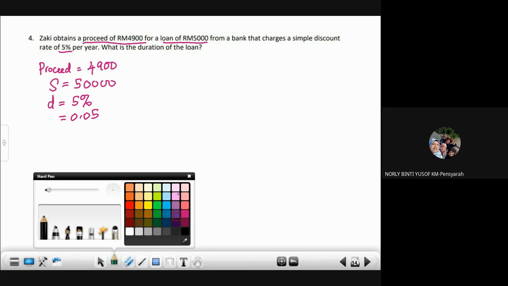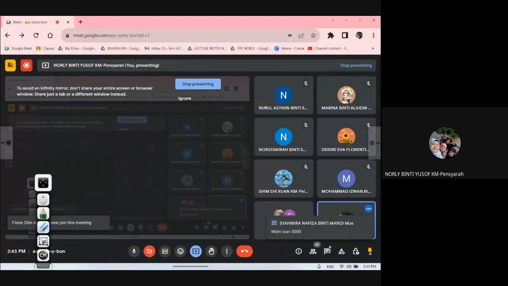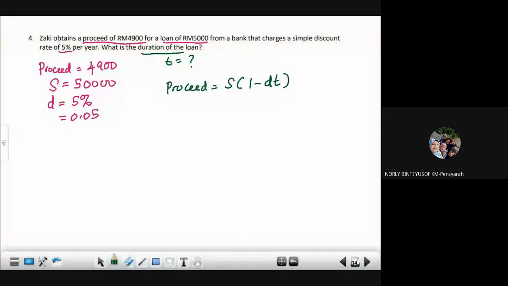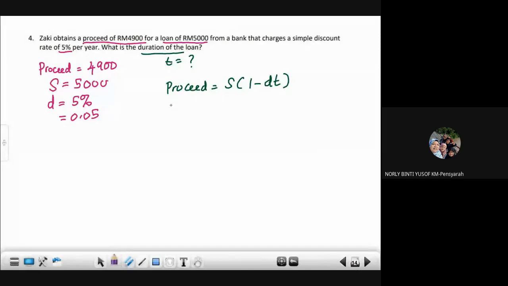What is the duration of the loan? Duration means T. So using the formula of proceed, S in bracket 1 minus DT, proceed you adalah 5,000. Ya, 5,000. Thank you Syamira. Okay, proceed dia adalah 4,900.